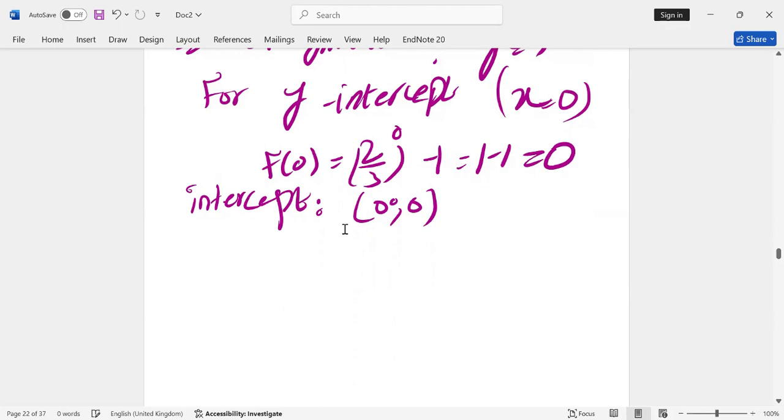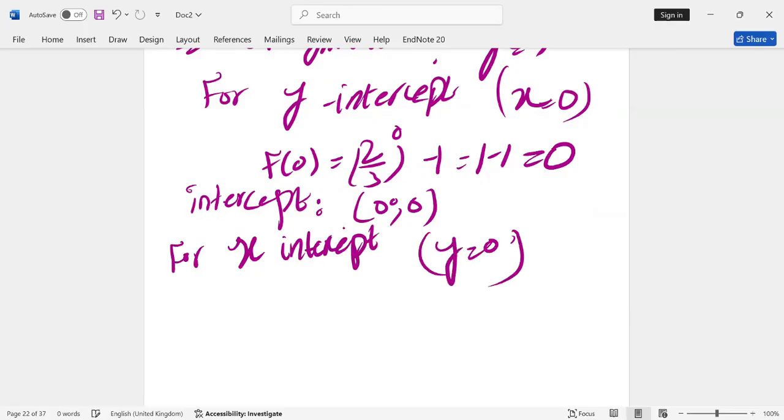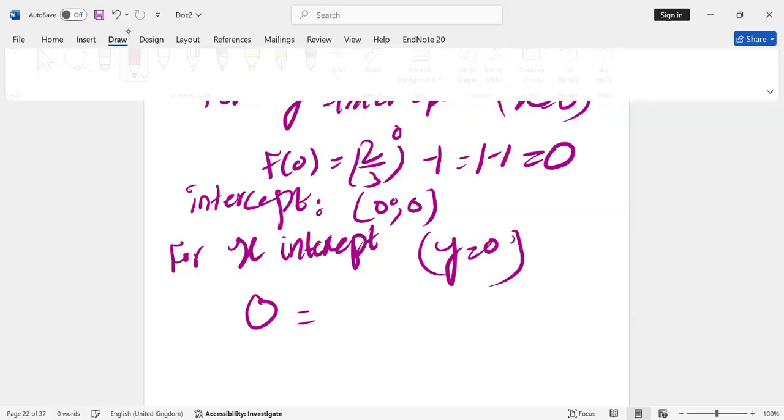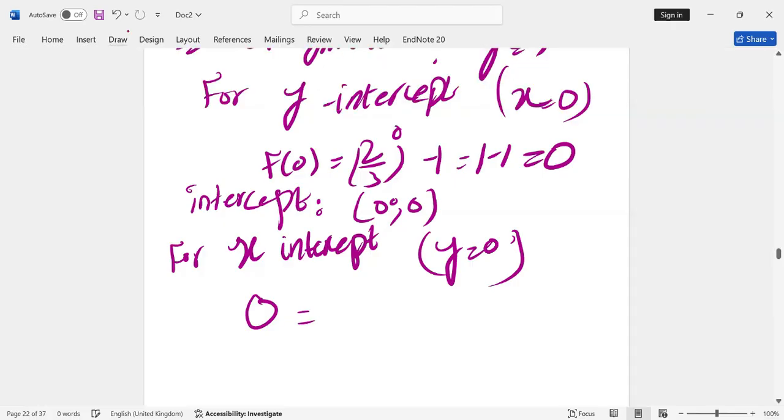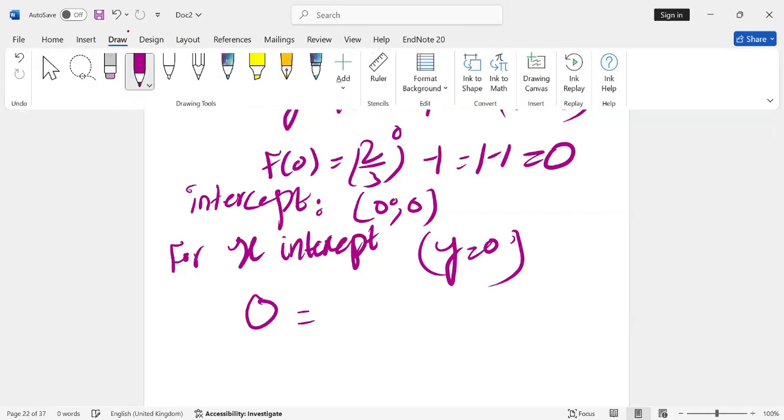All right, so for the x-intercept we consider y equal to 0. Sorry, for the x-intercept we have to put f of x equals 0 instead of y.